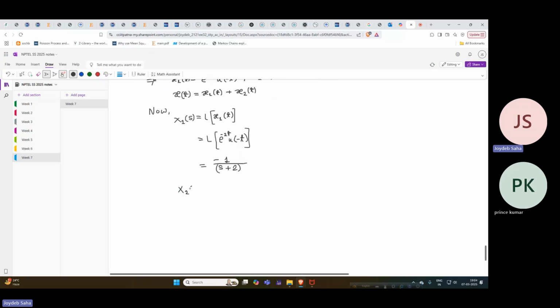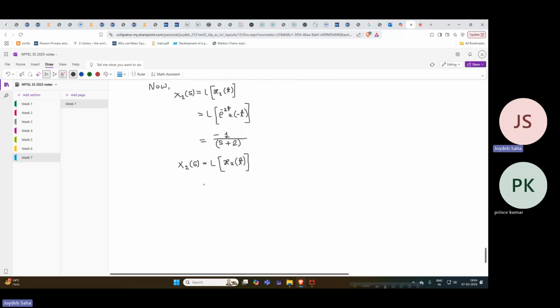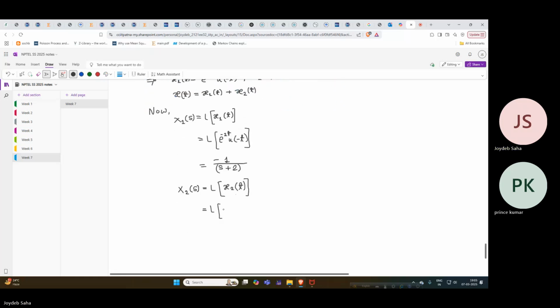X2(s) is the Laplace transform of small x2(t), which is the Laplace transform of e to the power minus 3t u(t).